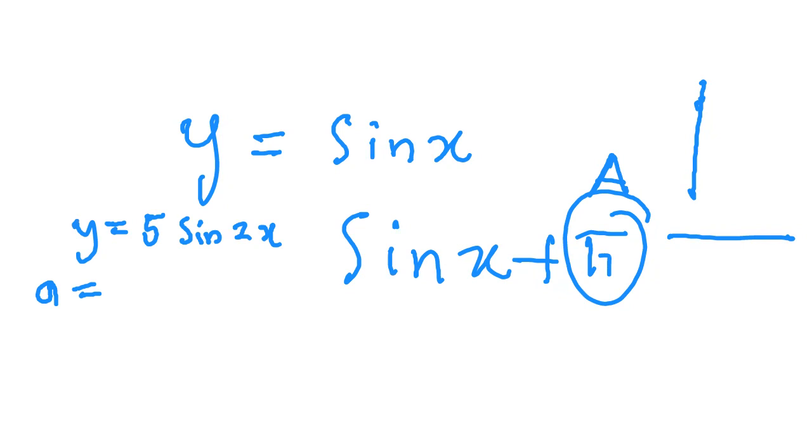Amplitude is 5. Okay, thank you. 5. And just to answer, are we always given the value of B? Okay, now B. Truly, do you understand why A is 5?